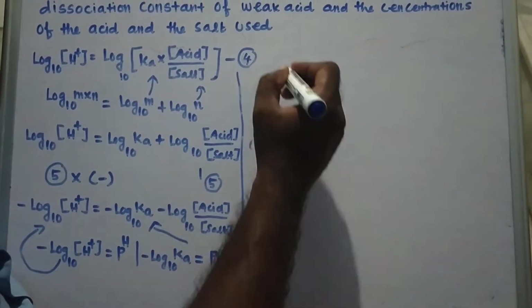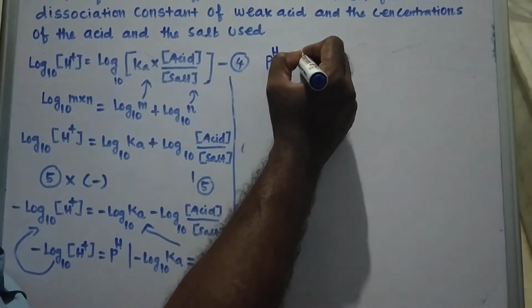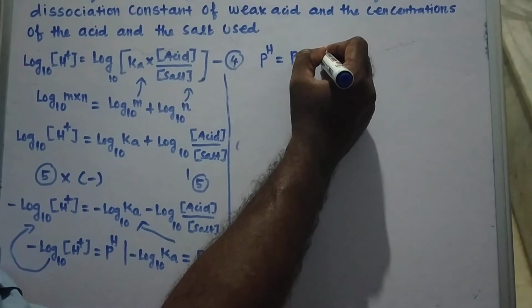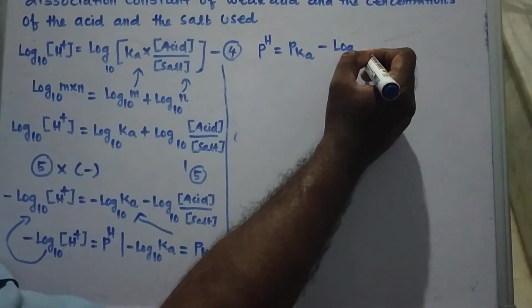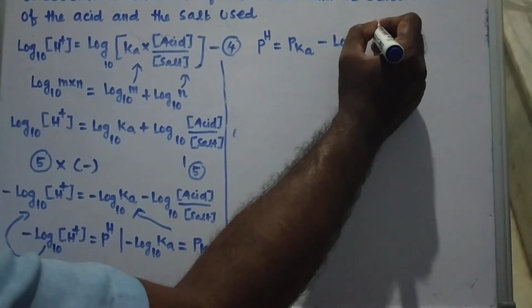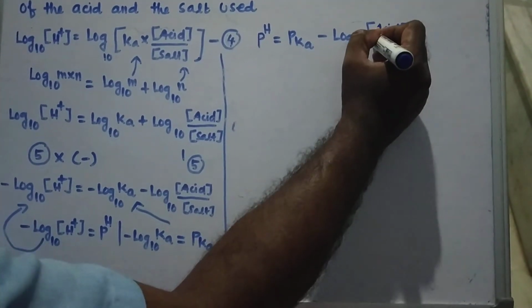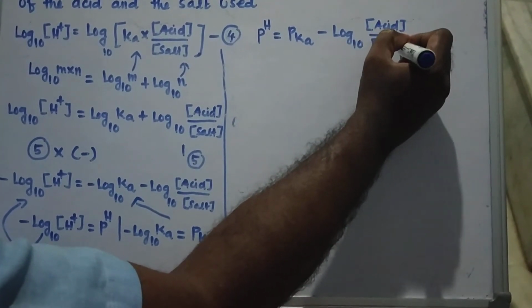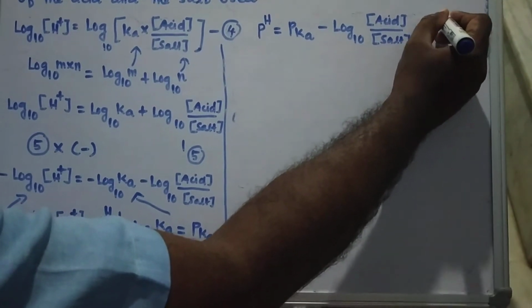Then it becomes pH is equal to pKa minus log base 10 concentration of the acid divided by concentration of the salt. Okay, this is equation number 6.